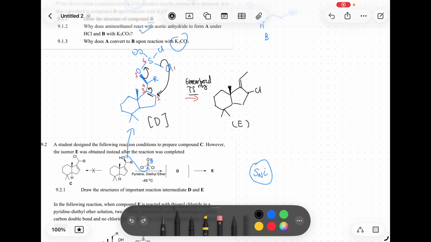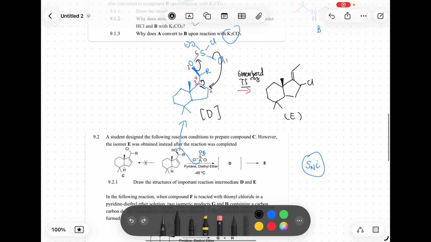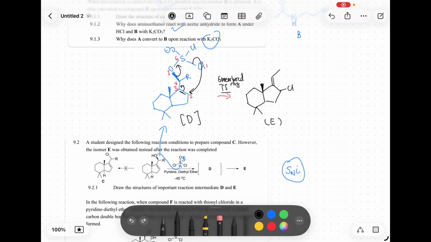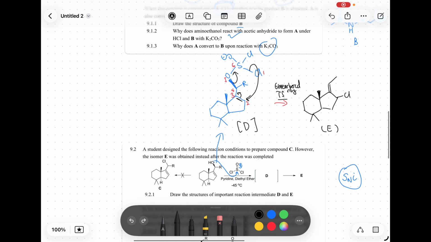So we need to take a look at the stereochemistry here. And given the difficulty of this paper, I think the stereochemistry is marked and something that's quite important. So just to make it very clear, let us redraw our intermediate D. We're not going to care about this part, so I'm just not going to draw that part.